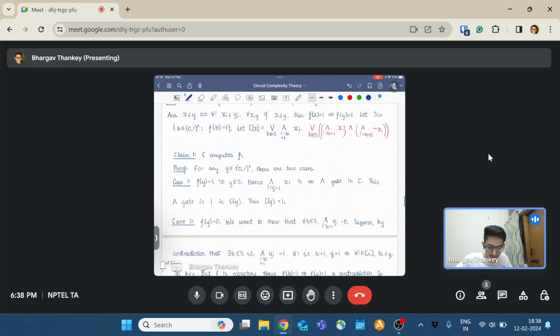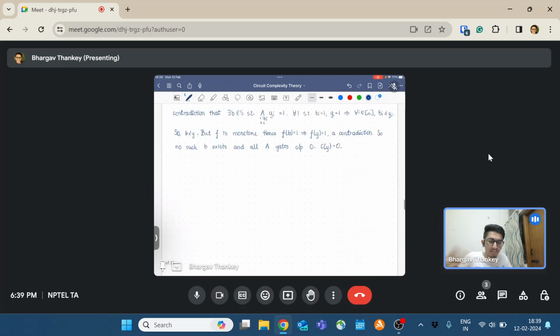Okay, so this finishes the first problem. The second is sort of complementary. Over here we showed that every monotone function can be computed using AND and OR gates.